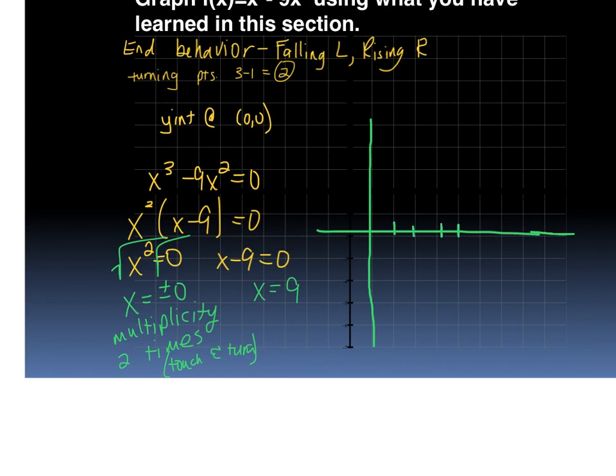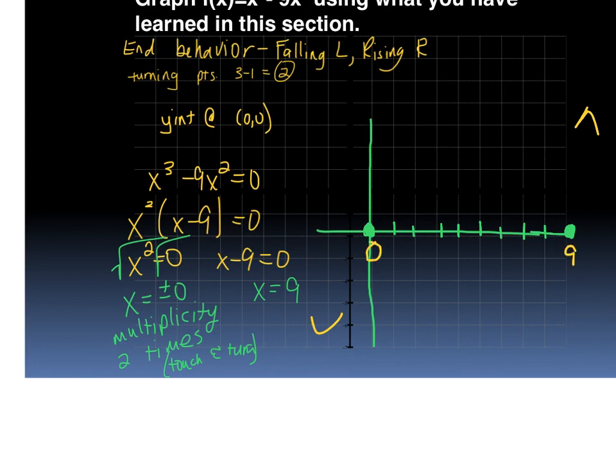One, 2, 3, 4, 5, 6, 7, 8. Okay, so I have 0 and 9, right? So refresh my memory. What does our end behavior look like? Rising on the right, so I have an arrow over there. And what's it doing on the left? Falling. So in your mind, guys, think about it. At 0 and at 9, I have things going on.